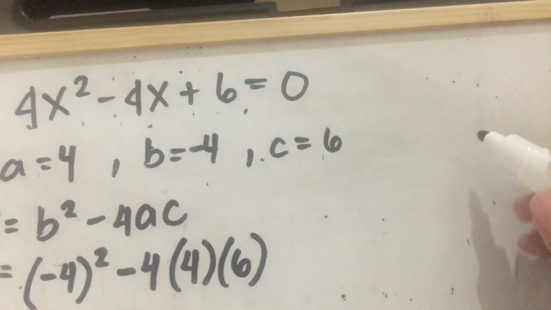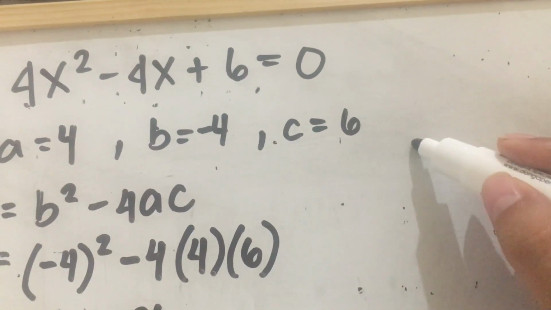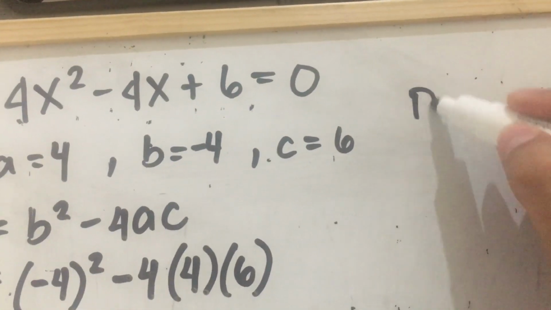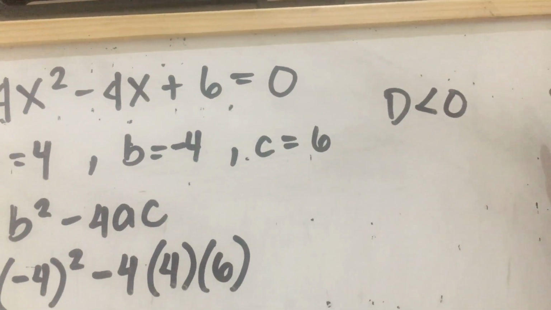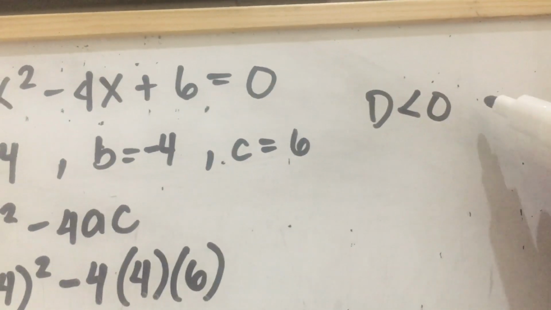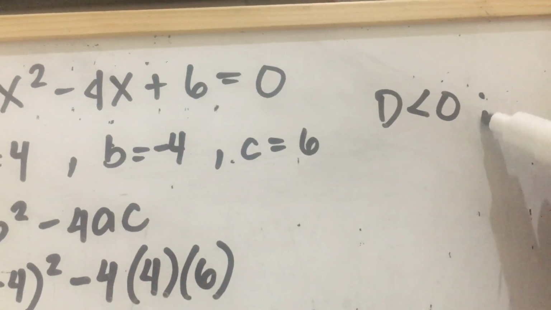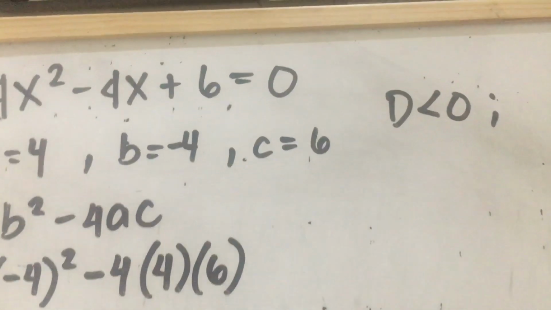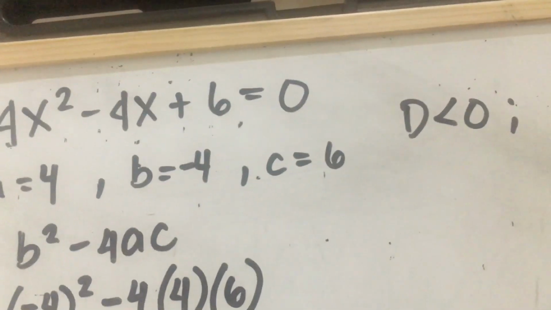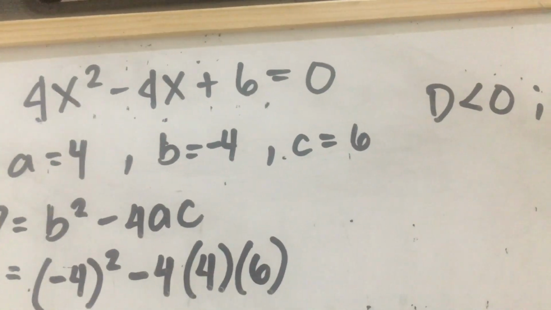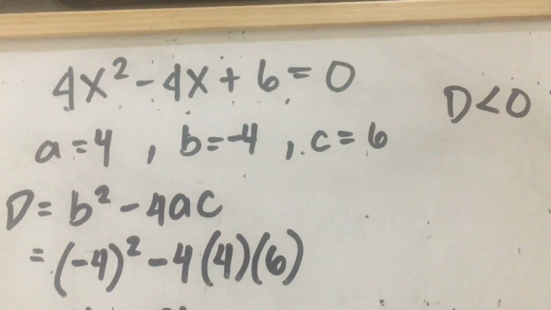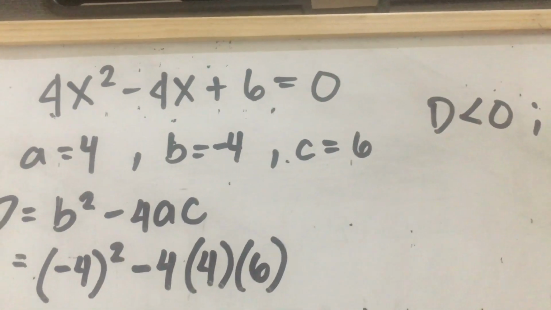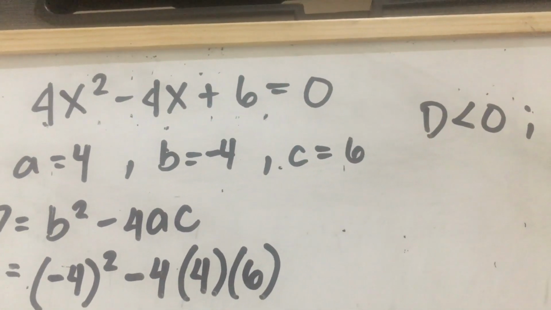Now, in the case that your discriminant is less than 0, if you can still recall, if our discriminant is greater than 0 and it's a perfect square, then you'll have two rational and unequal roots.